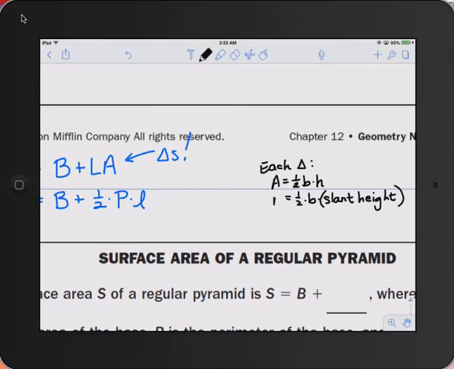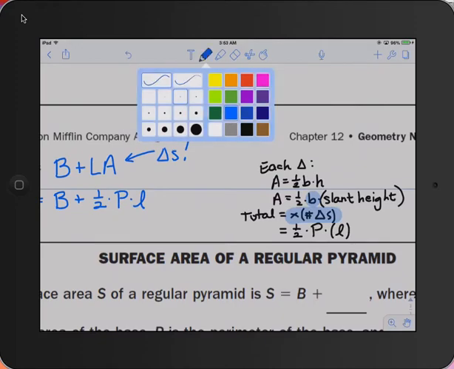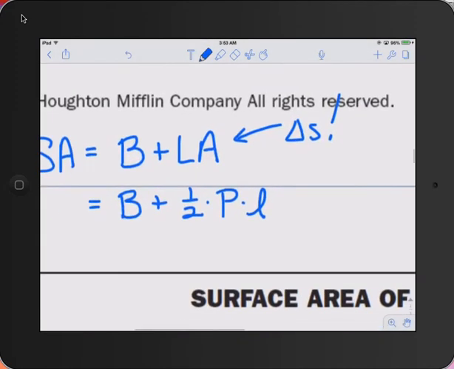So our area would then get multiplied by how many triangles there are. And so that's where we get the 1/2, the base of each triangle times the number of triangles is just the perimeter of the base, multiplied by the slant height, which is L. Okay, so your formula for lateral area is 1/2 perimeter times the slant height.